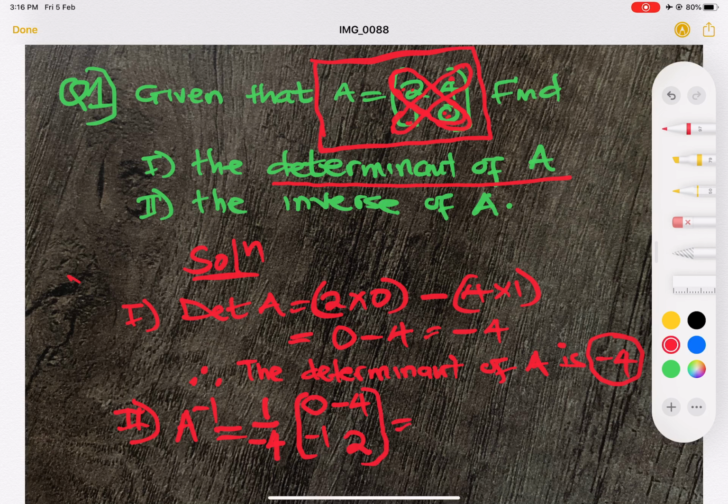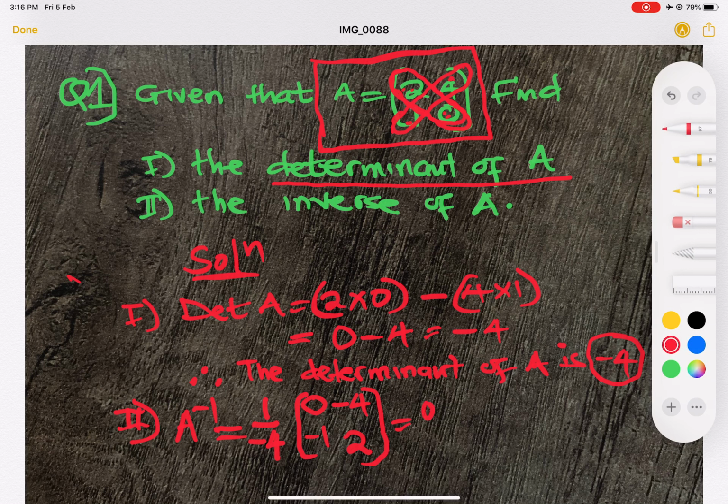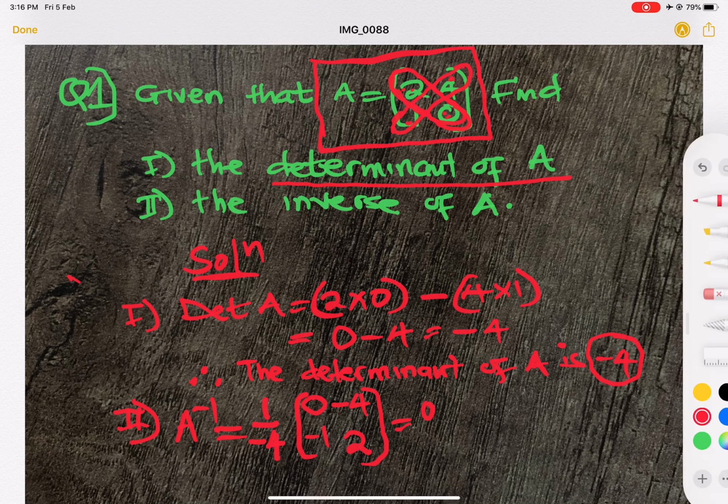When a number is outside the brackets, you multiply that number with everything in the brackets. So in this case, we multiply 1 over negative 4 with everything in the brackets. Okay. So 1 over negative 4 times 0 will give us 0. Any number multiplied by 0, it's 0.